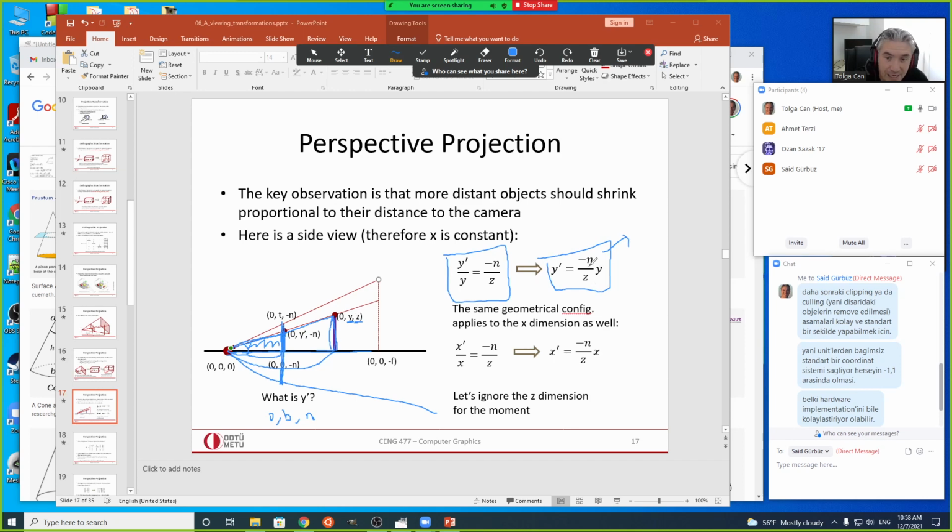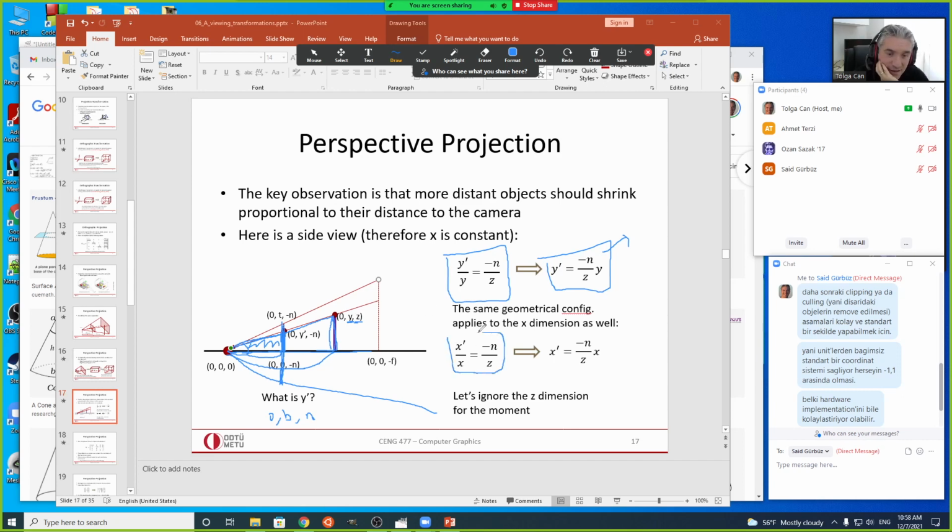So minus n, we know. Y and z, the coordinates of the vertex, we know. So we can actually find y prime. If we were to look at this from the front this time, or from top, with the same geometric configuration, we can derive the same equation for x prime by looking at a point from a certain direction.